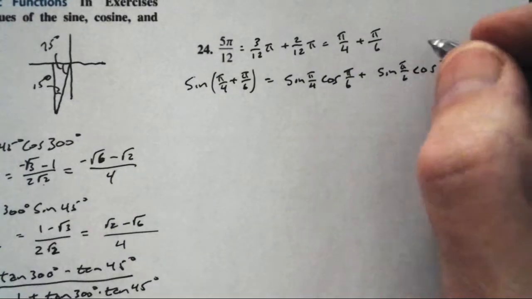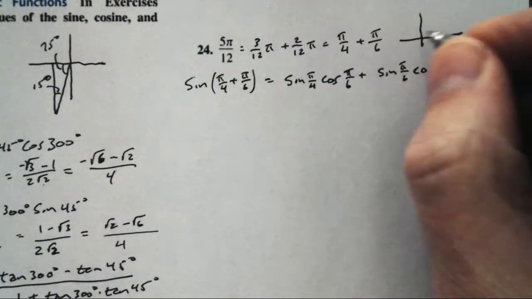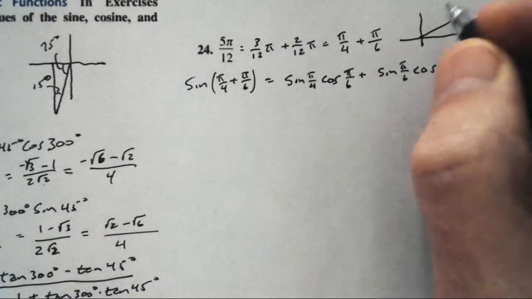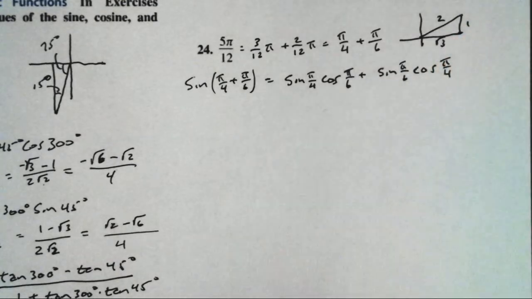And if we need a pi on 6, since we haven't talked about that one yet, we can put that one in here. Here's 1, 2, square root of 3.